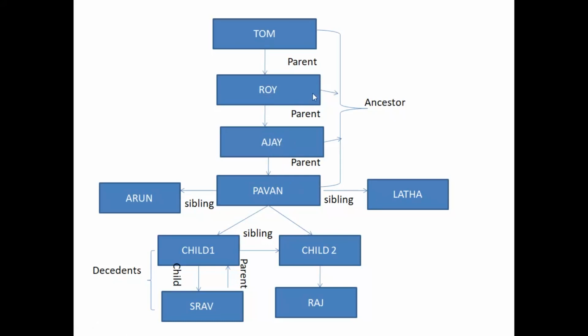But when you are looking at the HTML code, a tag will have only one parent. For example, Pavan is my name. For me, Ajay is the parent, and on top of Ajay, Ajay's parent is Roy, Roy's parent is Tom.